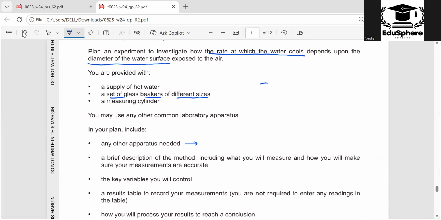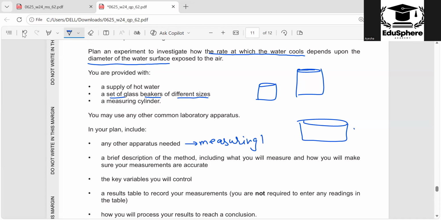Of course, if we use beakers of different diameters, maybe different beakers. So what extra thing? Of course, to calculate the diameter of the different beakers, we need a measuring tape. So the measuring tape is required. And what else is required? Let me see.